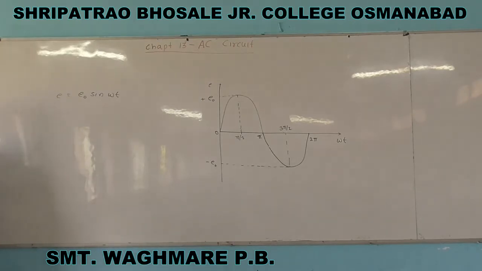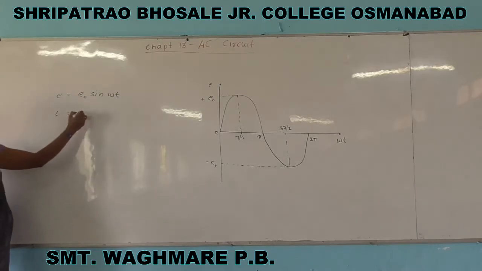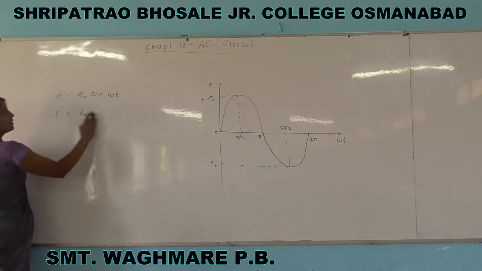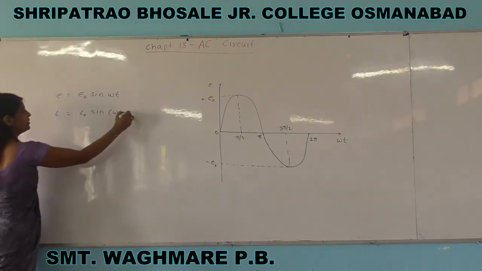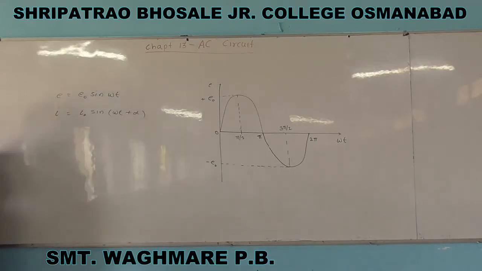And also from this equation we have already derived the formula I is equal to I naught sin(omega t plus alpha).